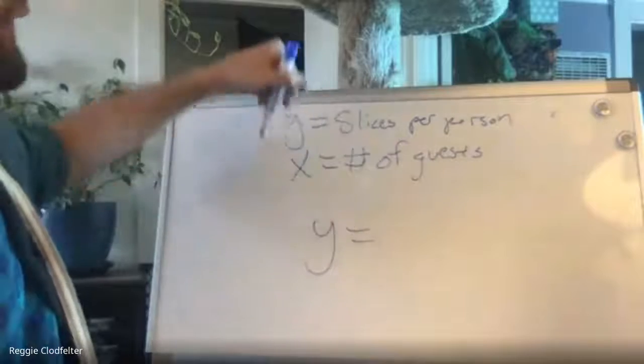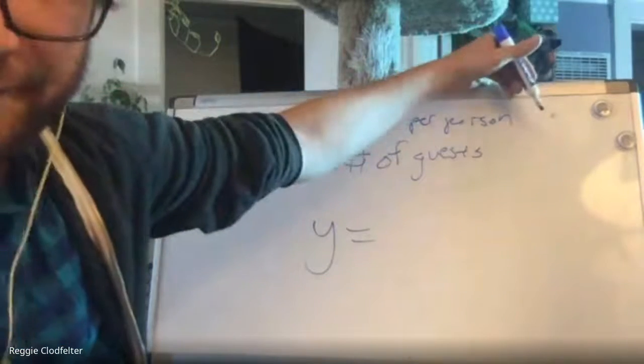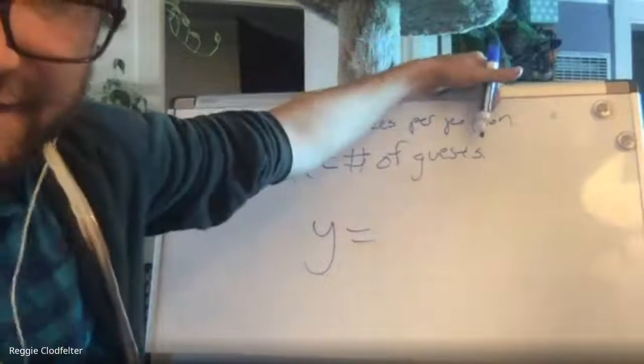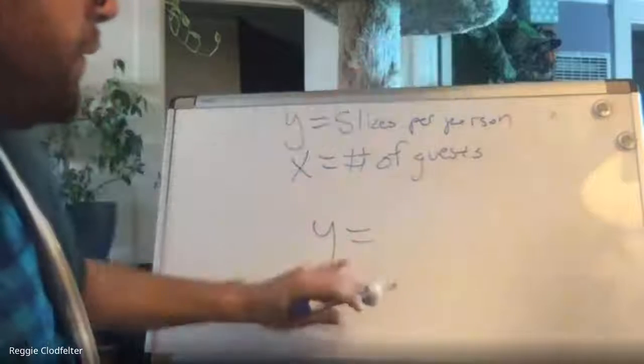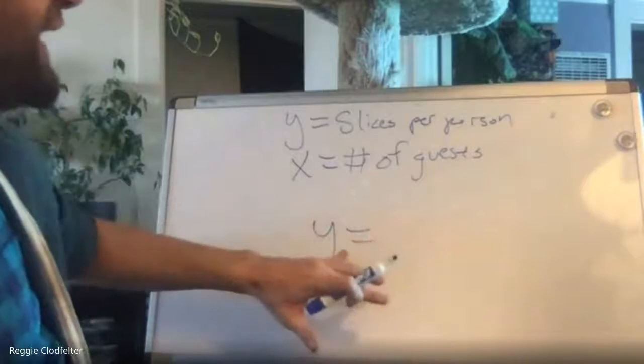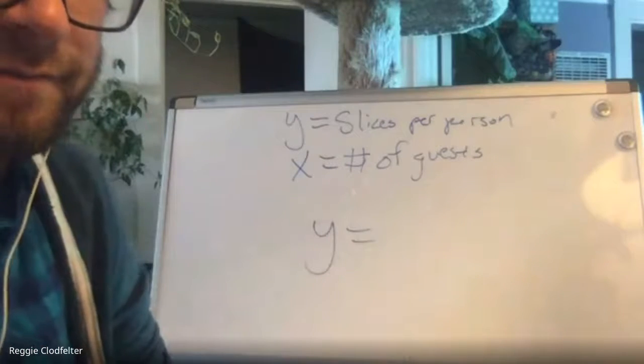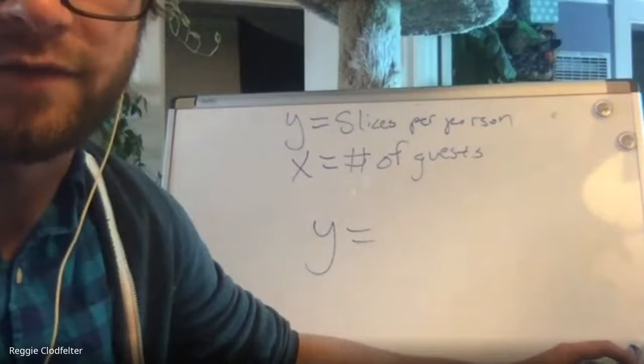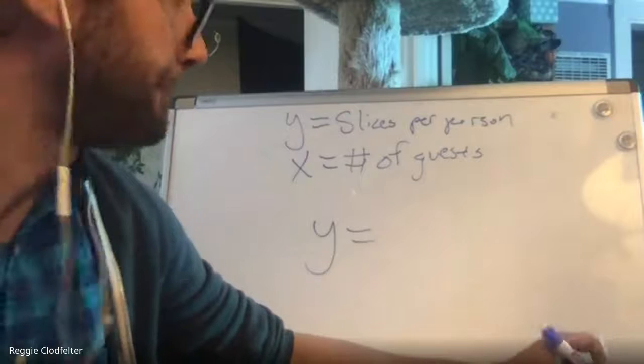So, if y is my slices per person and x is my number of guests, what would my equation be to figure out the slices per person from the number of guests? If I have 10 guests, how do I figure out how many slices they each get?